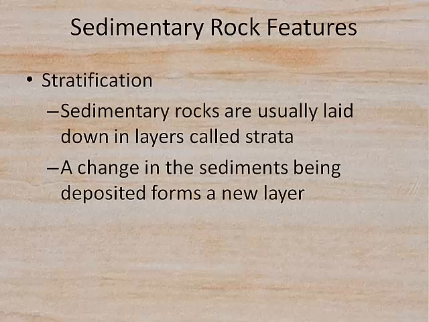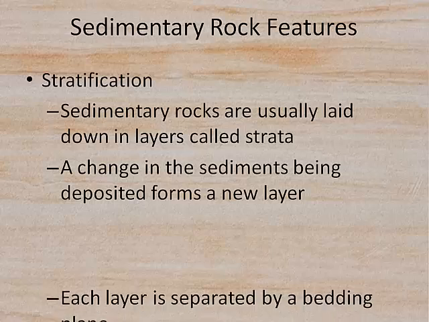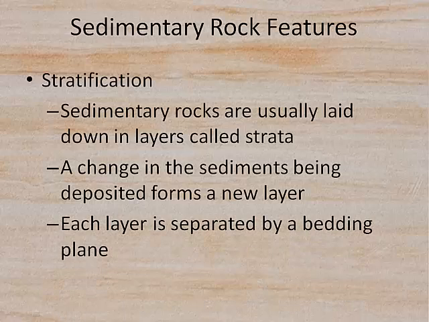Now, sometimes sediments change, and the sediments that are brought to an area and deposited can change over time and form different layers of different rock, one on top of the other. And each layer can be separated by what's called a bedding plane.